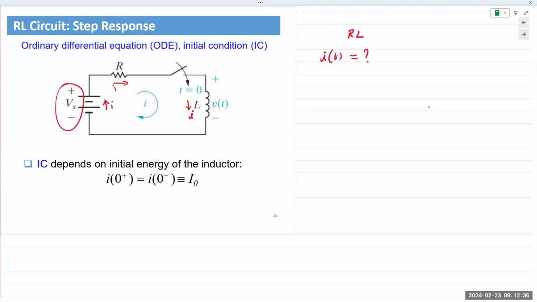Because it's a series circuit, the inductor current IL is the same as IR.